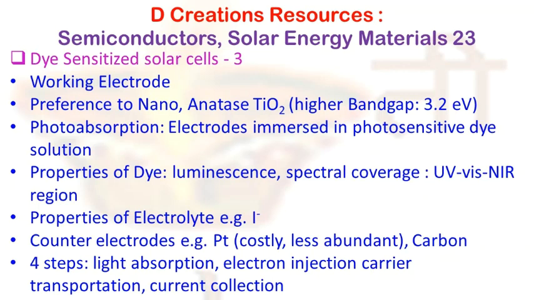Thus the dye regeneration, or the regeneration of the ground state of the dye, takes place due to the acceptance of electrons from the I minus ion redox mediator, and I minus gets oxidized to I3 minus. And then the oxidized mediator I3 minus diffuses towards the counter electrode and is reduced to iodide ion. So these are some of the important steps in the working.